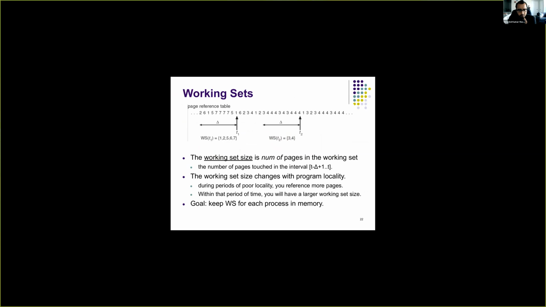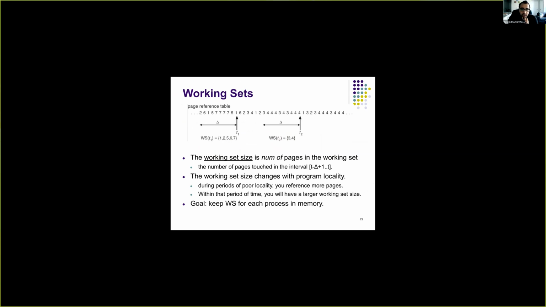As I mentioned before, the working set, or the working set size, is the number of pages that are needed by a process for a given time interval. Okay. So first we select a working set parameter called delta, that is the time interval. At any given time t, the number of unique pages that are accessed by the process for the time period delta is the working set size.